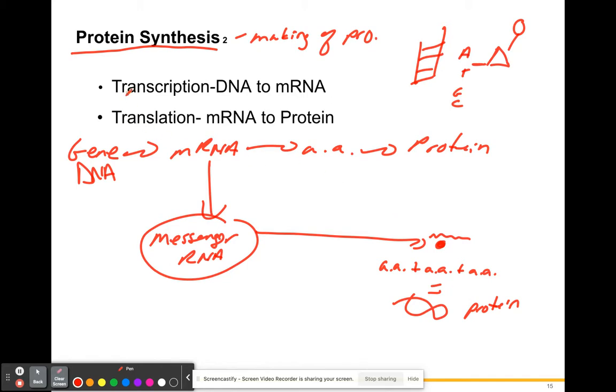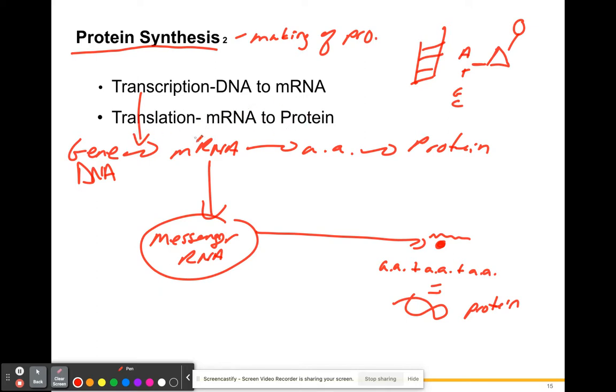This process here, from DNA to mRNA, this message creation, that's called transcription. The process of making this message from DNA to mRNA is the message making. That's the transcription.